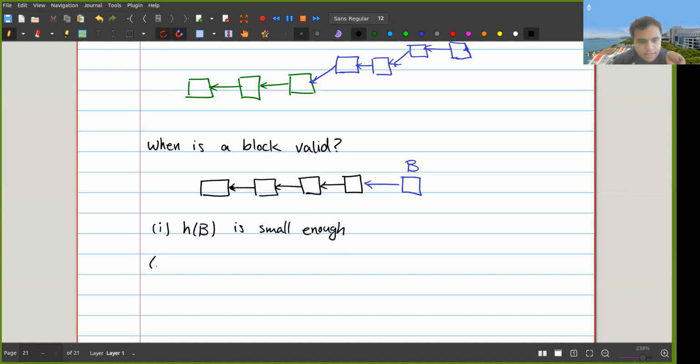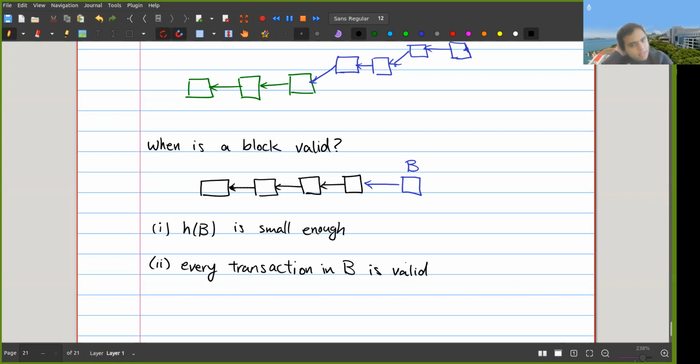The second thing that you would check is that every transaction in B is valid. If you have a transaction in B that is invalid, then the whole block B is invalid.